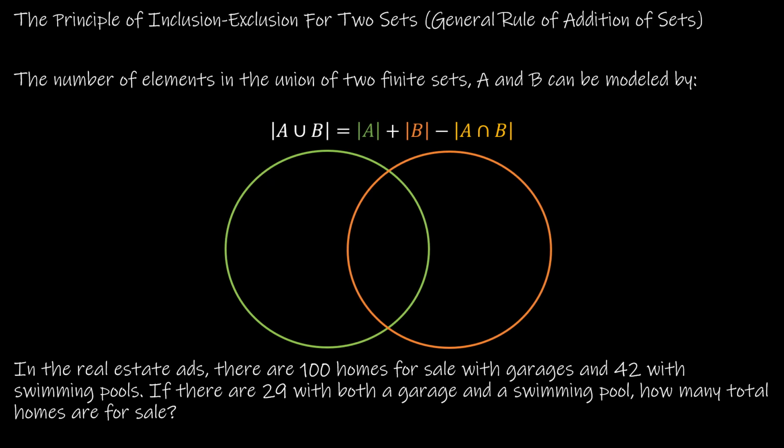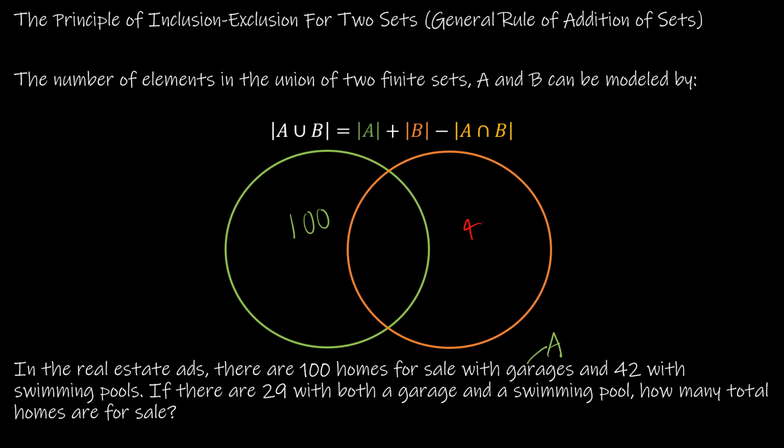Let's look back at our example that we just looked at. We said there were 100 homes for sale with garages. So we're going to call that A. I should probably make that green since that's what I used up here. So that means everything inside here must add up to 100. 42 with swimming pools, and I used orange for that. I don't have orange. We'll call this red.